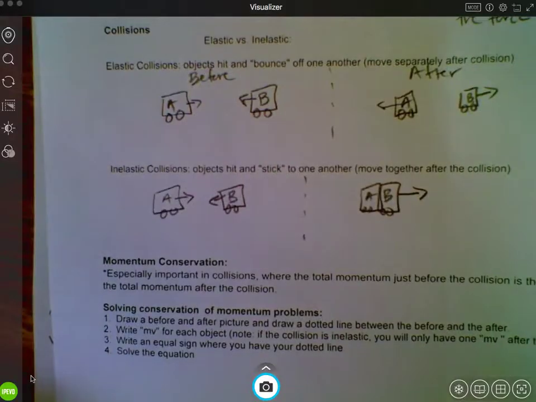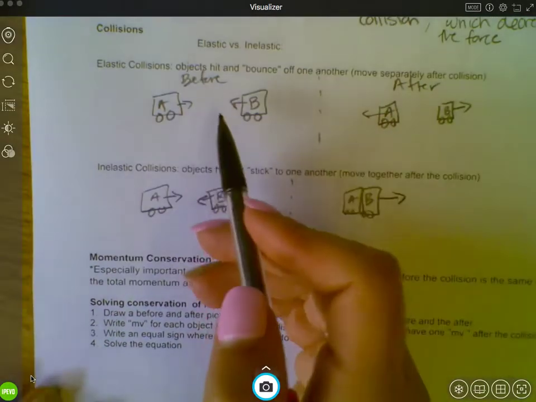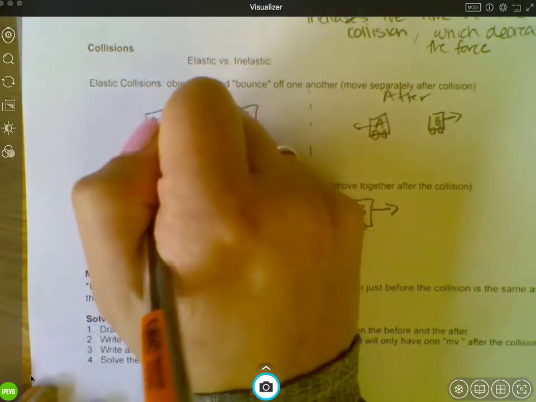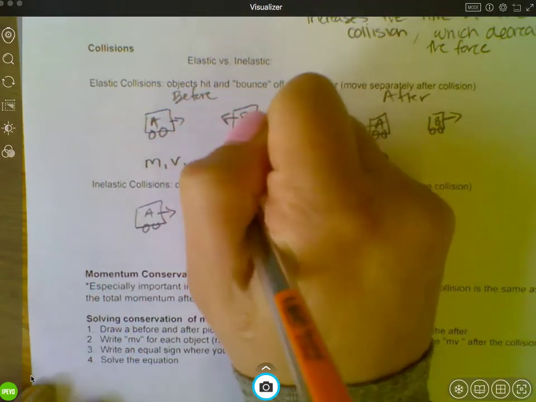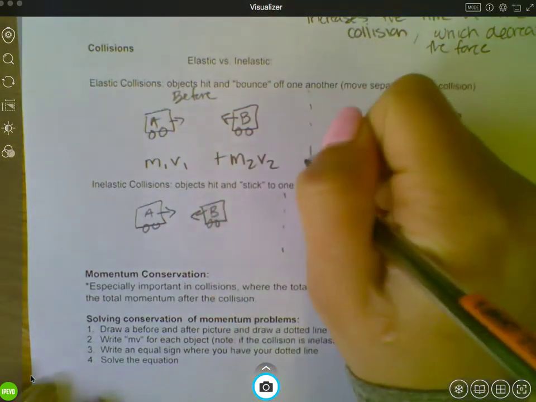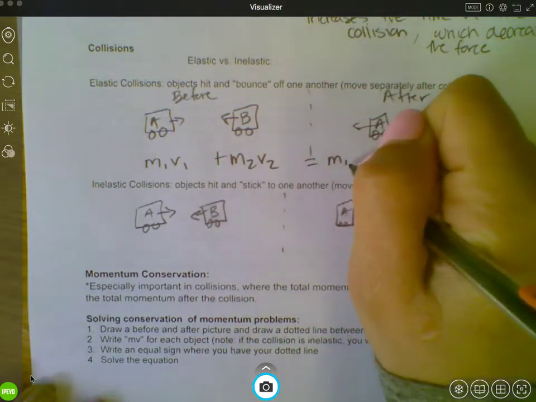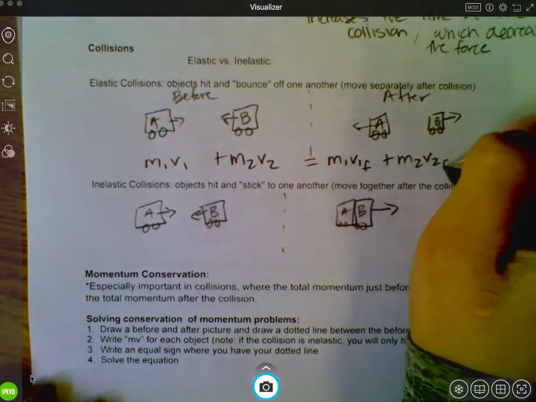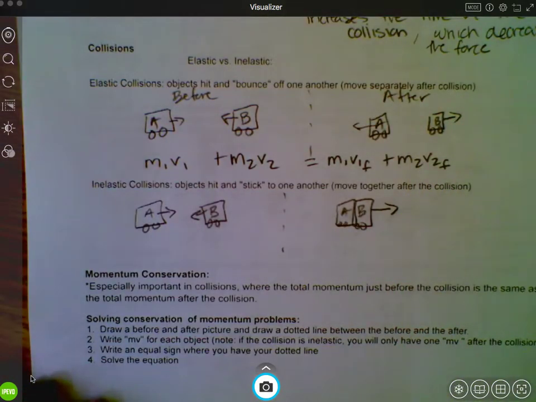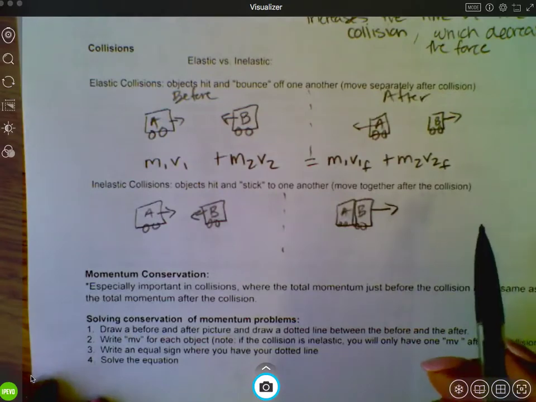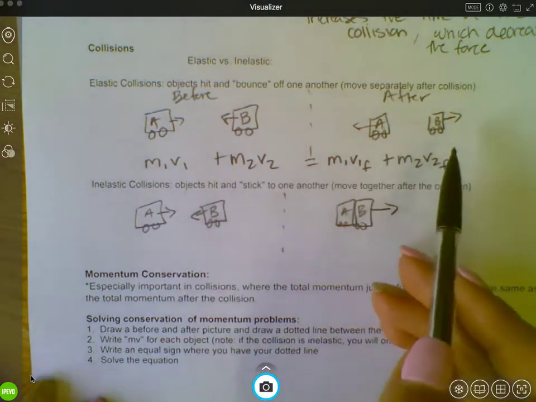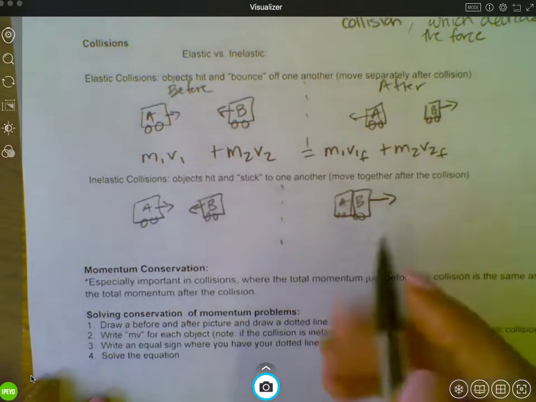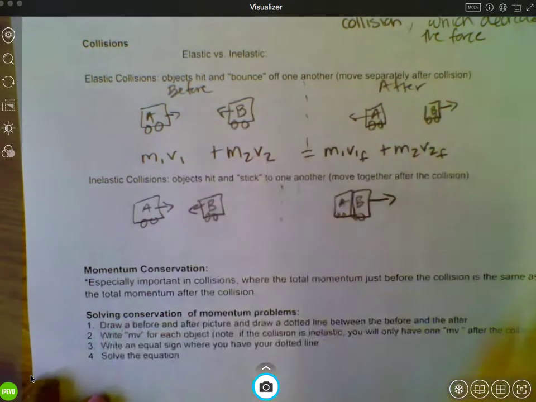All right, I think you are set. I'll actually give you the equations here real quick. For elastic, it's always m1 v1 plus m2 v2 equals m1 v1 final plus m2 v2 final. That's actually the equation, but you don't need to memorize that, because you are going to create it as you do the picture. For the inelastic, I'm just giving it to you so that you have everything you need.